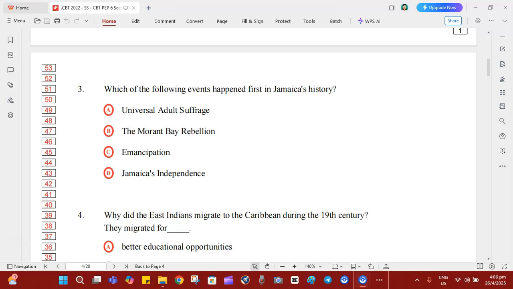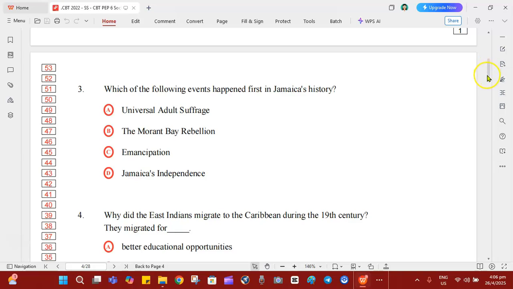It would be C, emancipation. So if it's just the first bill, which is 1834, if it's the full emancipation, 1838, then it would still be first, because Morant Bay Rebellion is 1865, universal adult suffrage 1944, and independence is 1962.